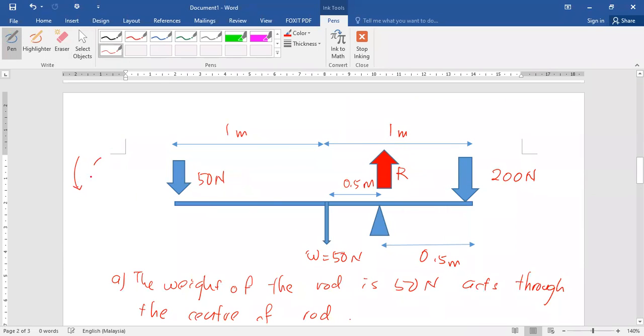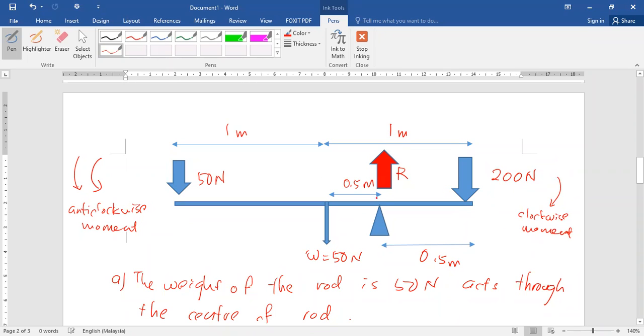This one also in this direction. That means this will be anti-clockwise. This 200 Newton will produce the moment in this direction. Okay, this will be clockwise moment.